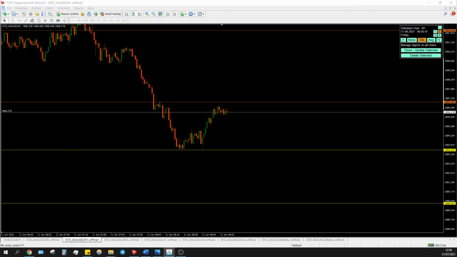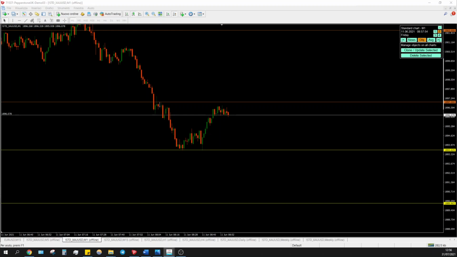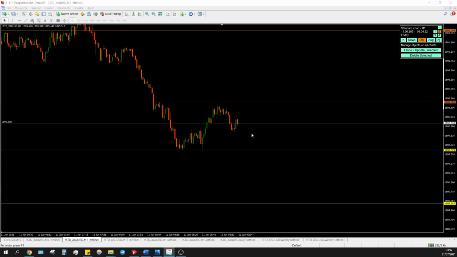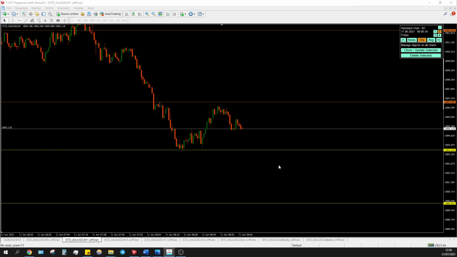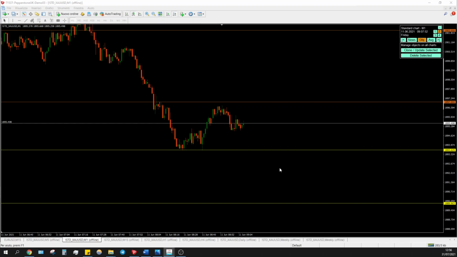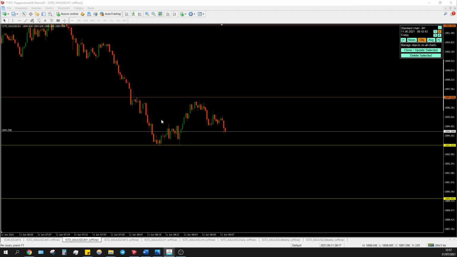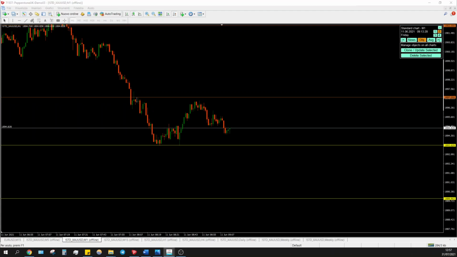We see buyers' exhaustion at this level, and sellers getting back into controlling the trend, pullback. Let's see if we can enter below here now.